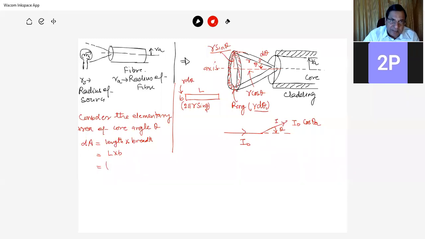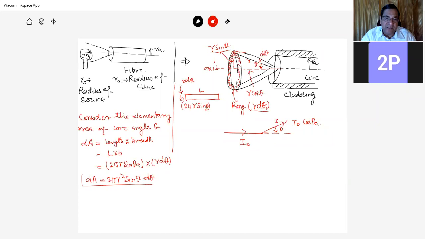So this L is 2 pi r sin theta A into width r into d theta. So what is this? It is 2 pi r square sin theta d theta, which is dA.